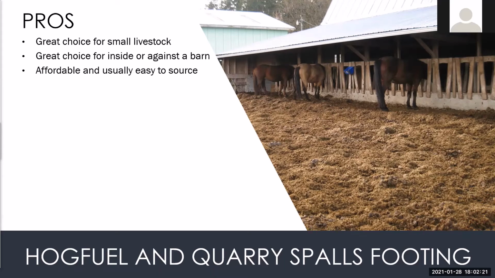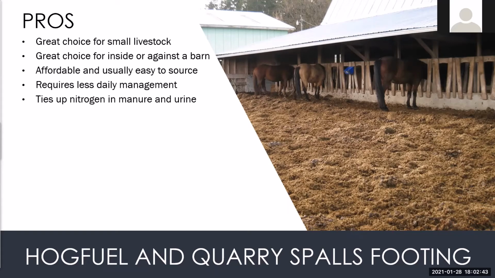And hog fuel is pretty affordable and usually easy to source, so that's great. And it definitely requires less daily management because you're having a material that can soak up more of the urine and tie up nutrients. And so you're creating this system that is going to break down over time, but that has a lot less daily management.